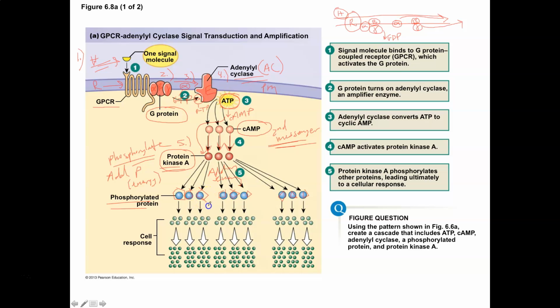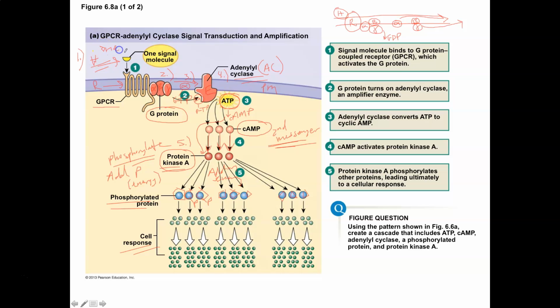So these proteins now that have phosphates attached to them, they've been energized, can go on and produce the cellular response. And what you should notice through this mechanism is that we are amplifying the response. We started with one hormone, right?